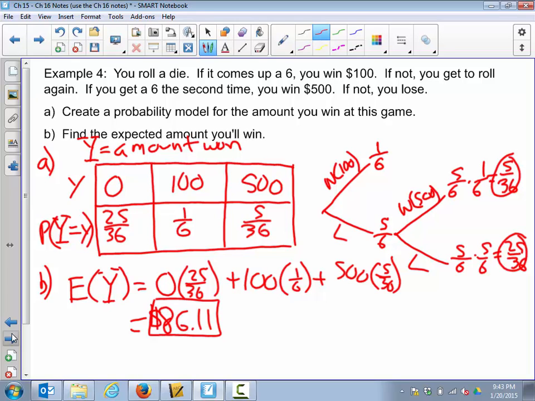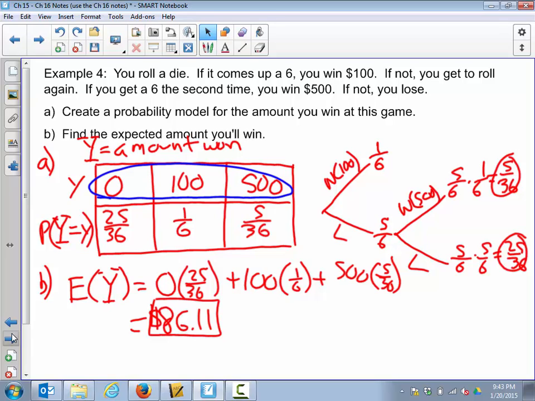No, $86.11. Okay? I guess if we're being really accurate, we're going to use a dollar sign. So there you go. You use a random variable to determine how much you can expect to win from this game. And notice this random variable was applicable because we had numerical random outcomes.